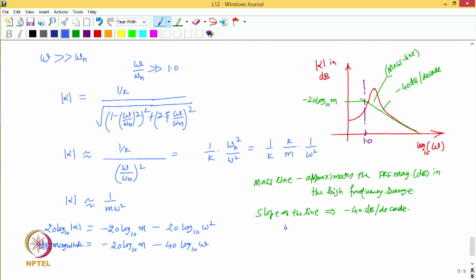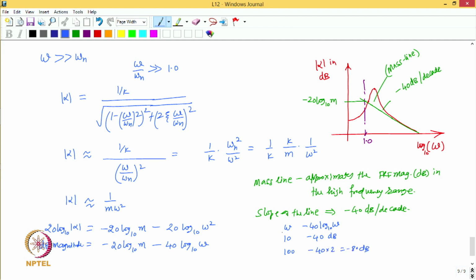If I take, say, omega equal to 10, and I look at the magnitude of minus 40 log 10 omega, this term, then this magnitude will be minus 40 dB. And if I increase the omega by a factor of 10, that is, I make it 100, then this would be minus 40 into 2, that is minus 80 dB.